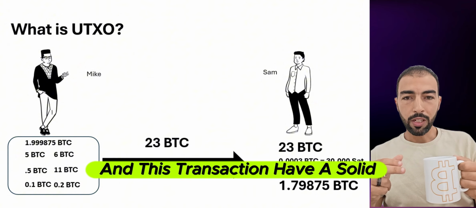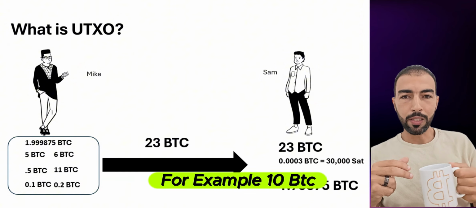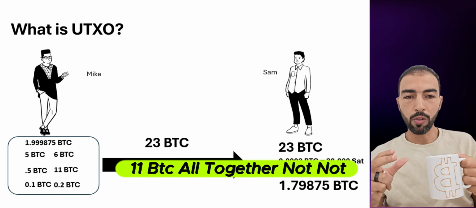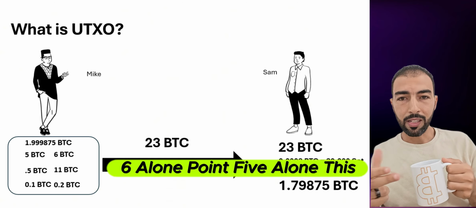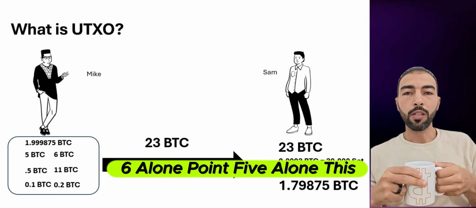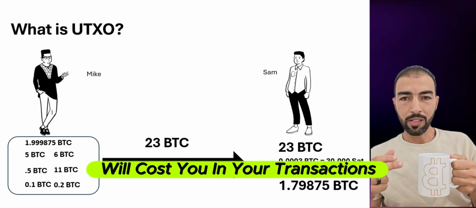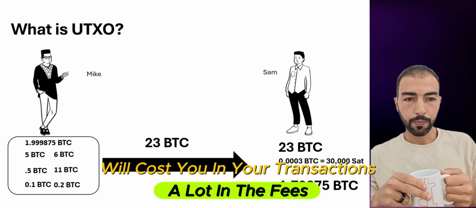And this transaction has a solid number, for example, 10 BTC, 11 BTC, all together, not like 5 alone, 6 alone, 0.5 alone. That would cost you a lot in fees in your transactions.